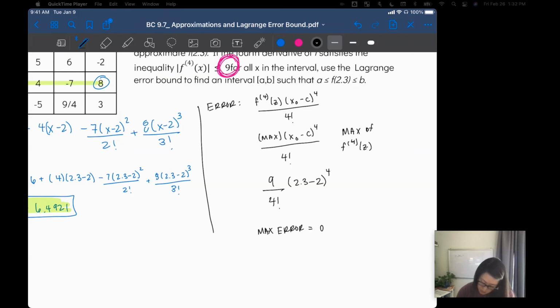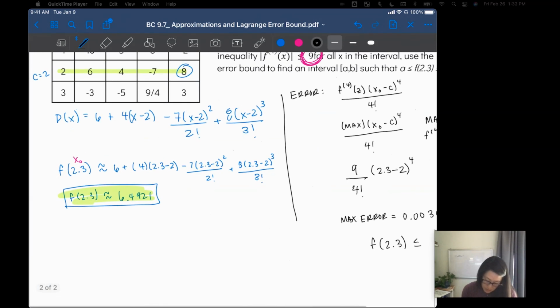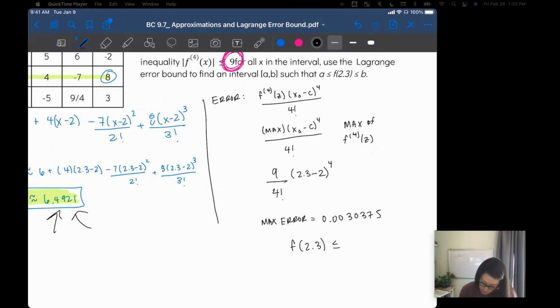And I got the max error would be equal to 0.00300375. Okay, so f of 2.3 has to be less than or equal to our estimation, which is 6.4921. So 6 point, I think, do I need the 4 or do I not need the 4?